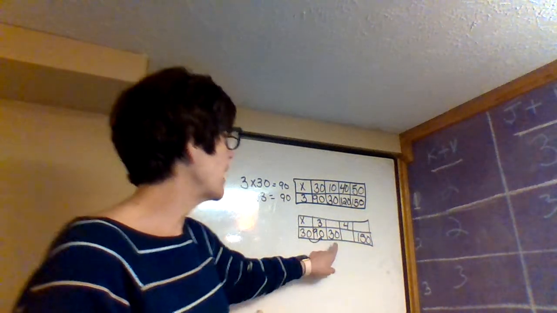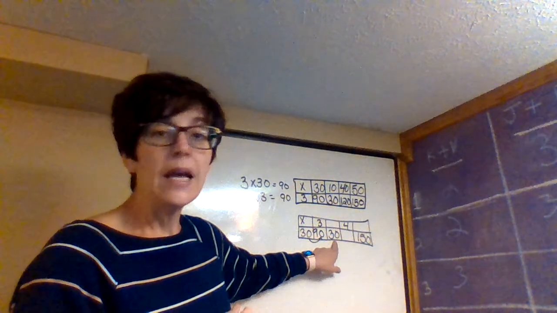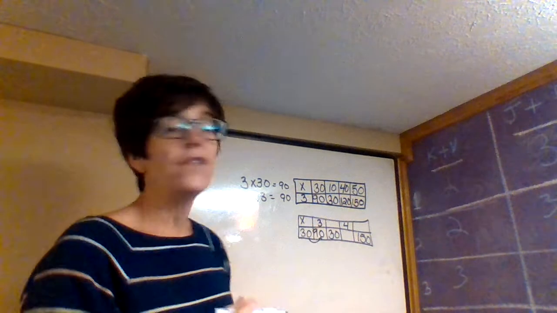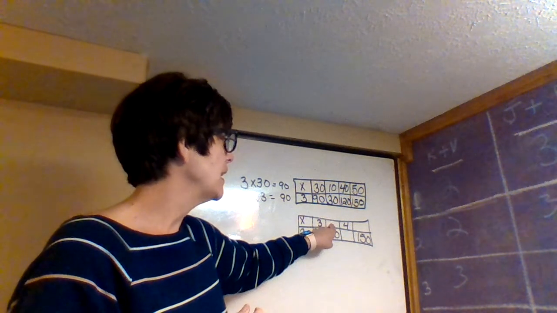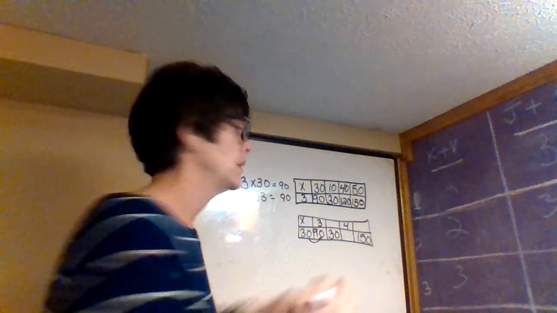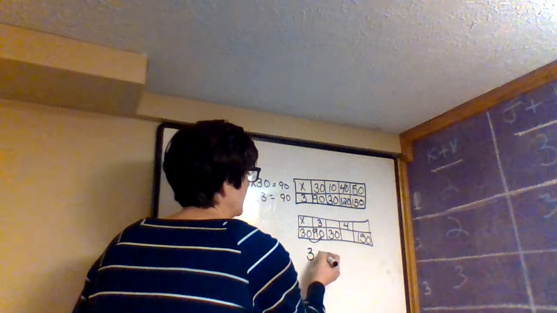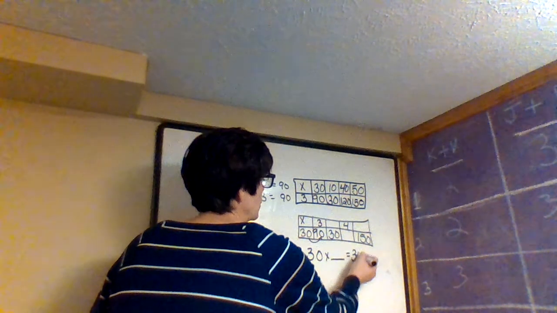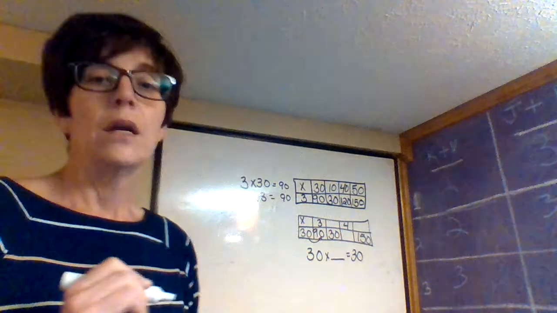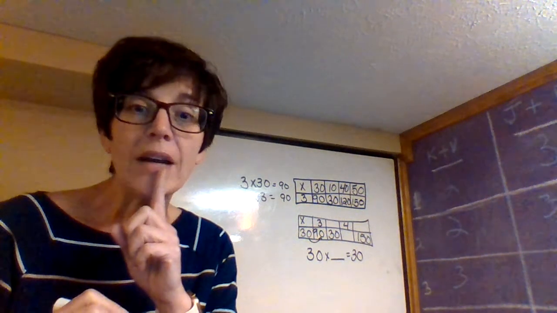It's that pattern and that commutative property that can turn those numbers around. All right, this time I have the product. I need to look for the factor. So 30 times something equals 30. Do you remember that pattern?